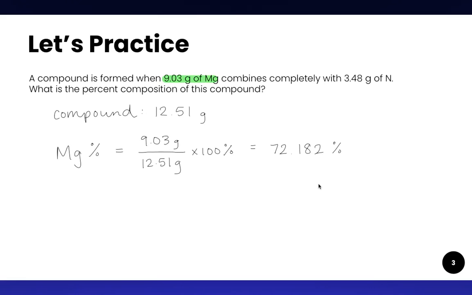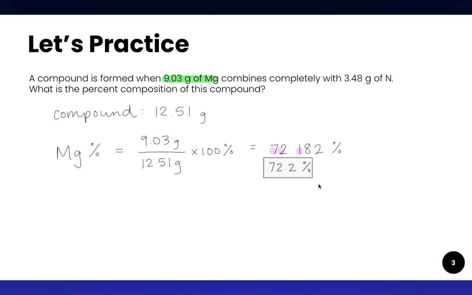We were given 3 significant figures. The 8 will bump the 1 up to 2, so our final answer is 72.2%. Let's practice that calculation again.